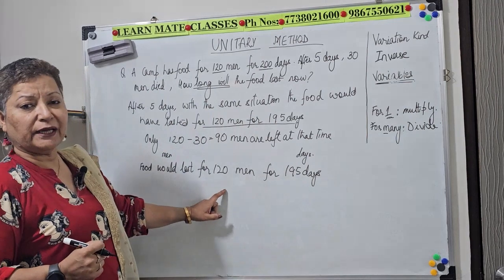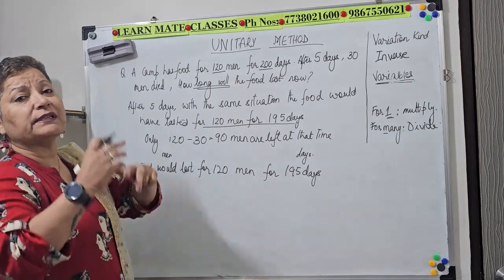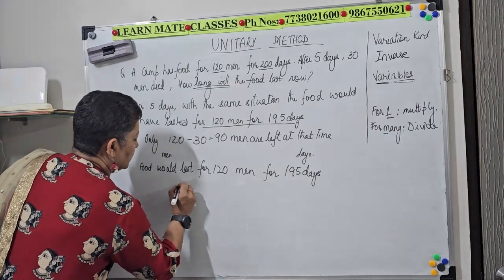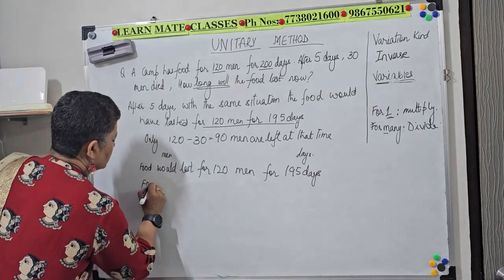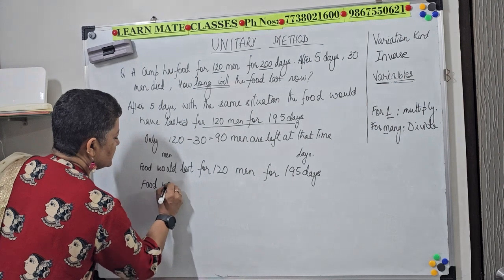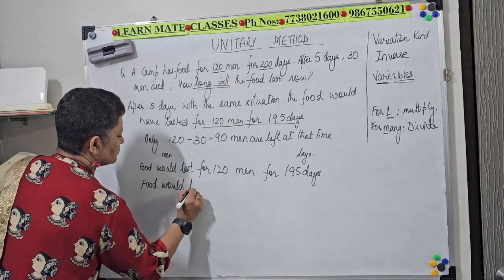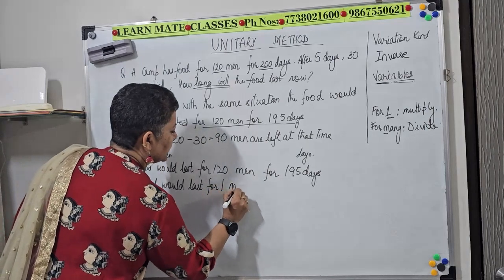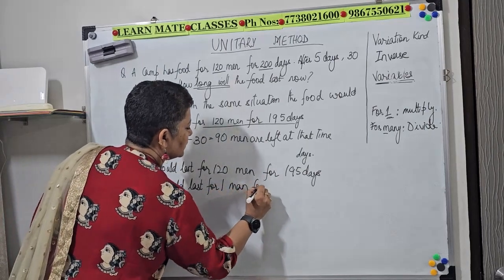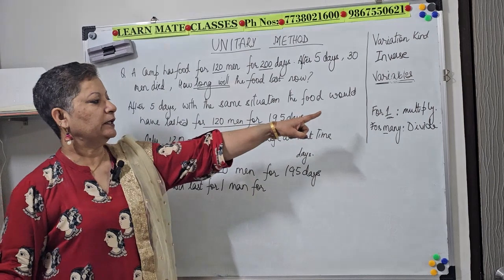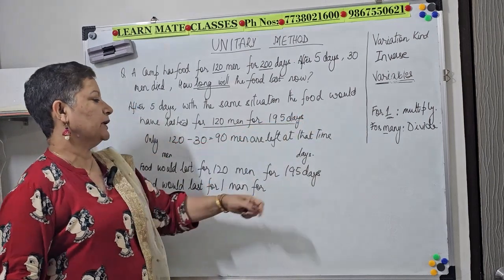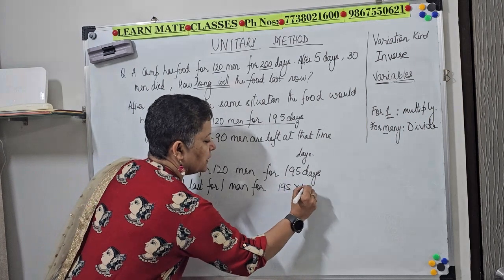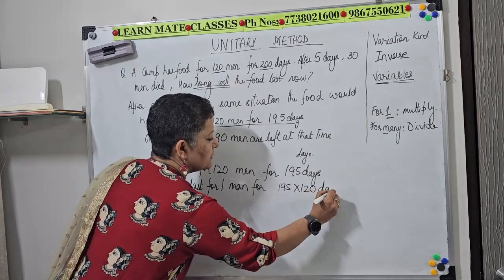Instead of 120, if I just took one man, obviously it would have lasted for many, many days. So, food would last for one man for, as for inverse variation, for one I need to multiply. So, that is 195 into 120 days.